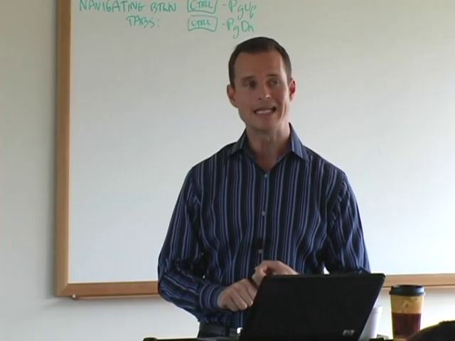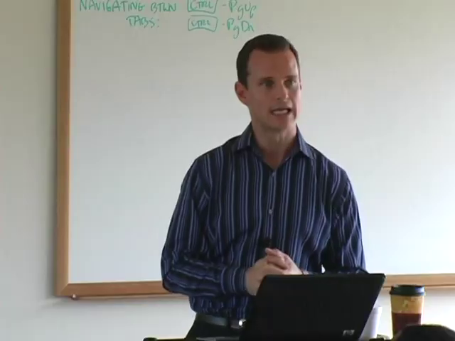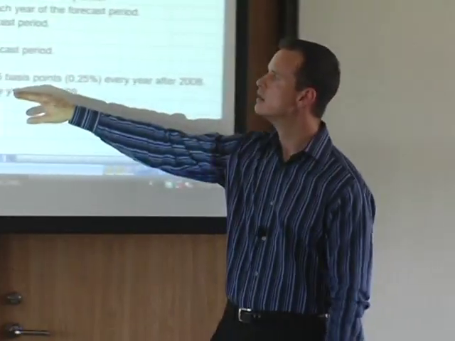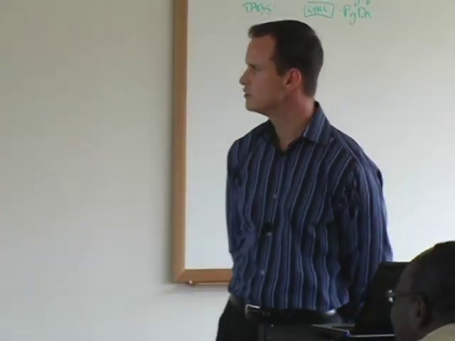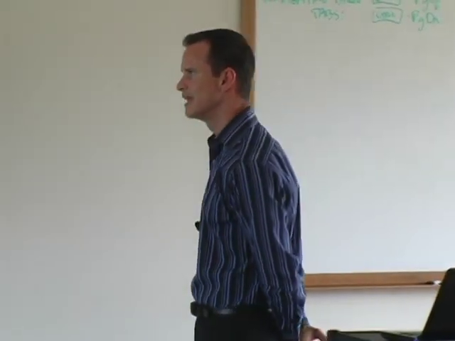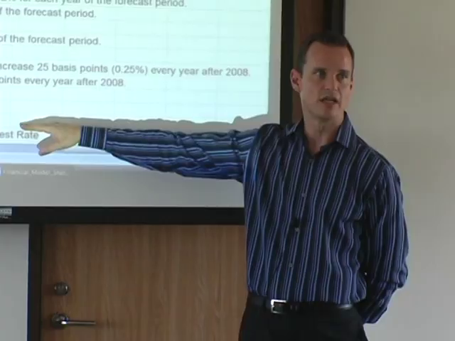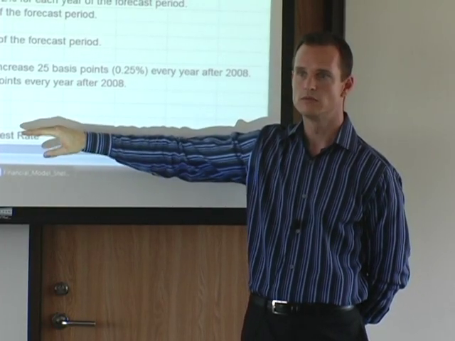They'll be floating rate debt, that is, they'll vary relative to some interest rate index. In this case, our interest rate index will be LIBOR, the London Interbank Offered Rate, and our spreads will be 200 basis points or 2% over LIBOR for the revolver, 2.5% or 250 basis points over LIBOR for the term loan.